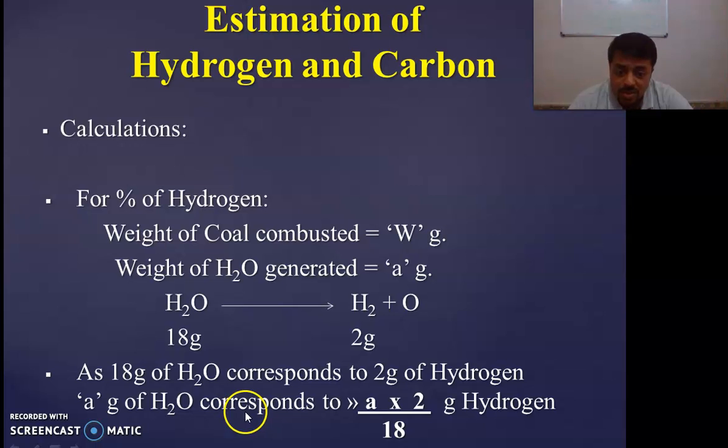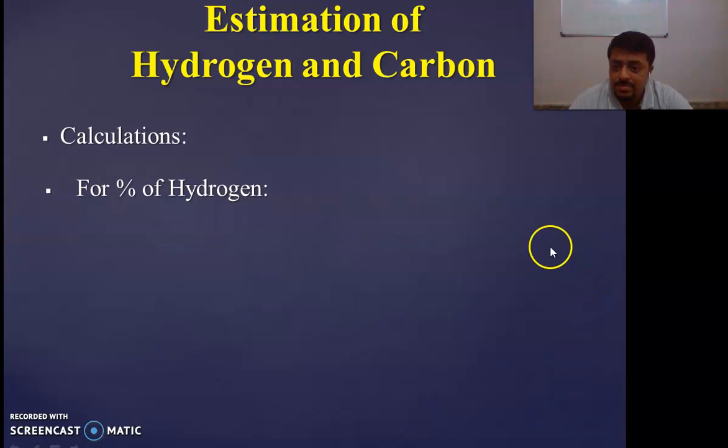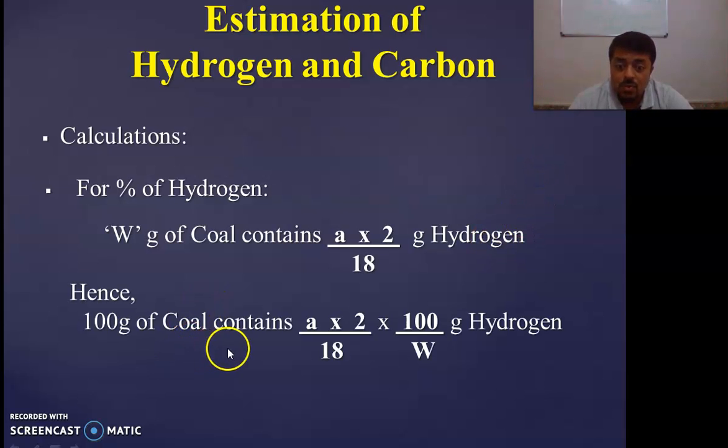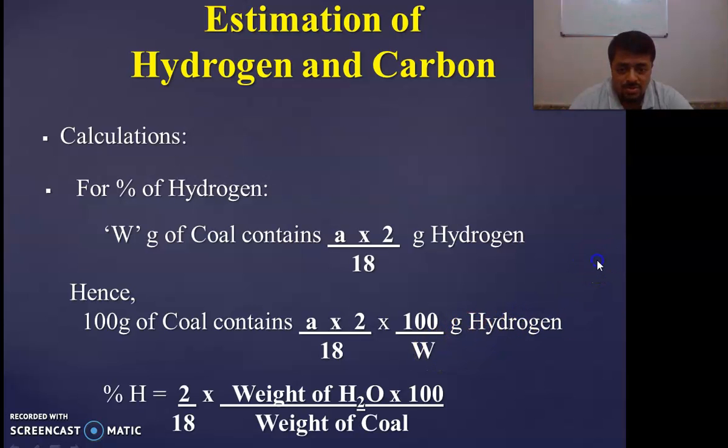Therefore, A grams of H2O corresponds to A multiplied by 2 divided by 18 grams of hydrogen. W grams of coal contains A multiplied by 2 divided by 18 grams of hydrogen, so 100 grams of coal will contain A multiplied by 2 divided by 18 multiplied by 100 divided by W grams of hydrogen.